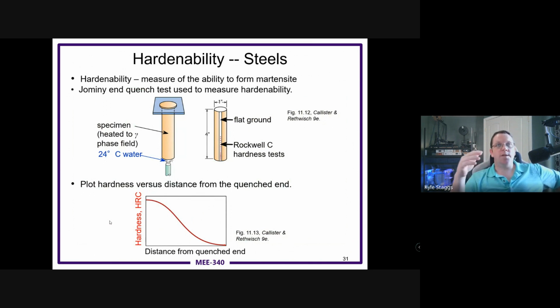For the lab that's coming up this week, this is the hardenability test that we're going to be doing. We have a machine that allows us to do a Jominy end quench test. So we have a specimen that's heated entirely into this gamma phase field. So again, we're up into that 500 plus C range.